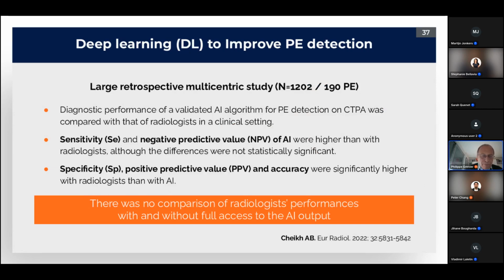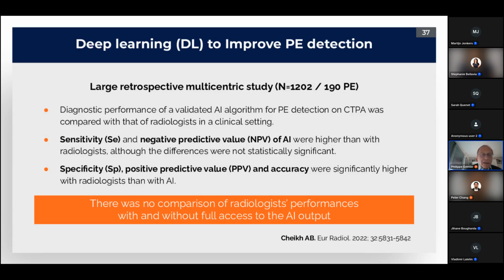Most of the published evaluations of the diagnostic performances of these solutions for diagnosing acute PE on CTPA were focused on the AI standalone performance. For example, in this large retrospective multicentric study, including more than 1,200 patients, the diagnostic performance of a validated AI algorithm of PE detection on CTPA was compared with that of radiologists in a clinical setting.